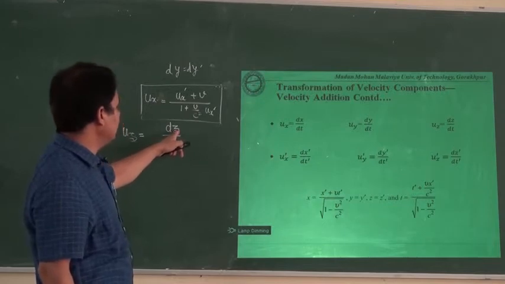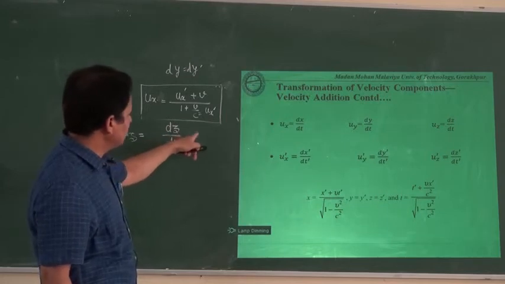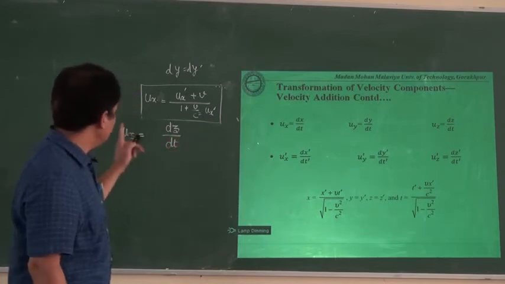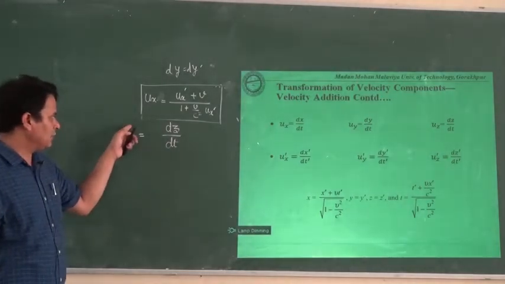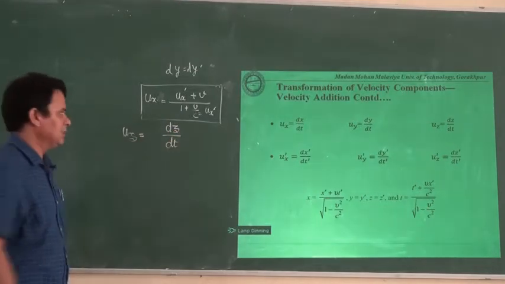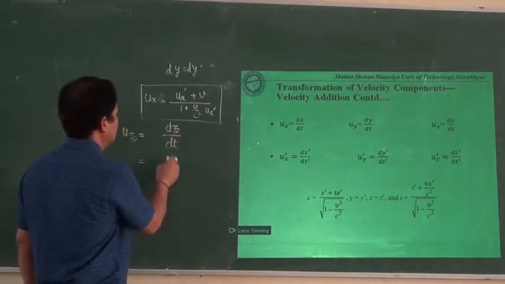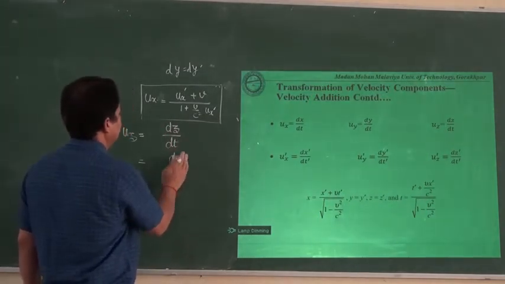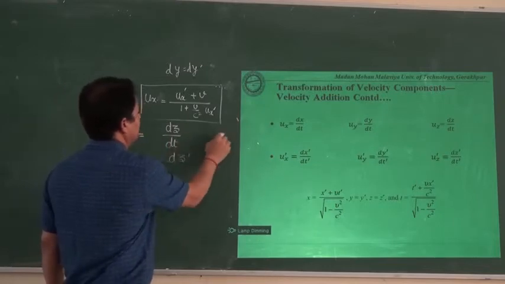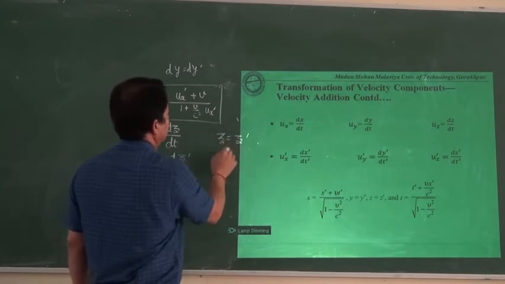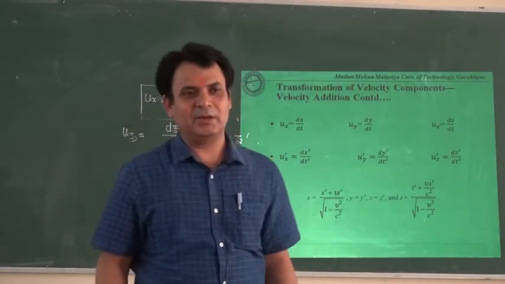So again we have to write the value of dz. Dz means z component, and for the z component we will write its transformation equation. Why? Because we wish to transform the z component, which is in the non-dash coordinate system, to the dash coordinate system. So we will write here dz dash, because here z is equal to z dash according to the Lorentz transformation.